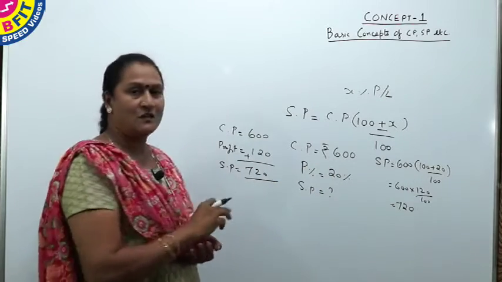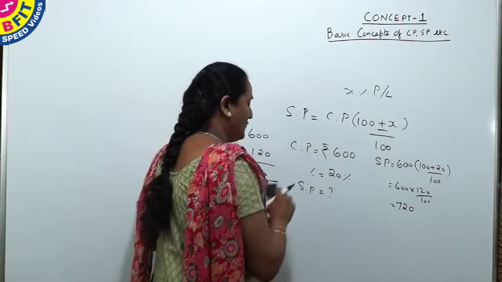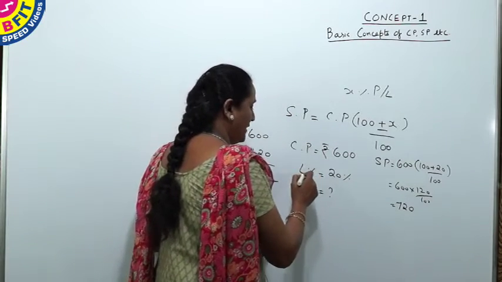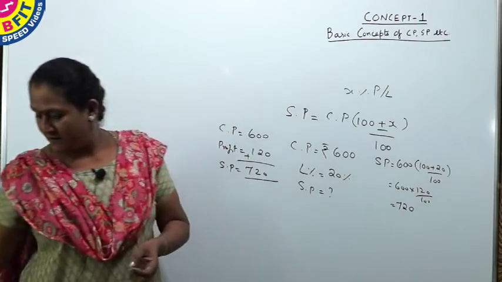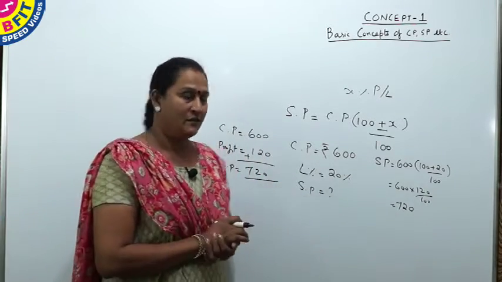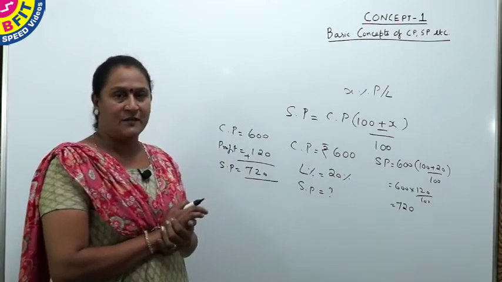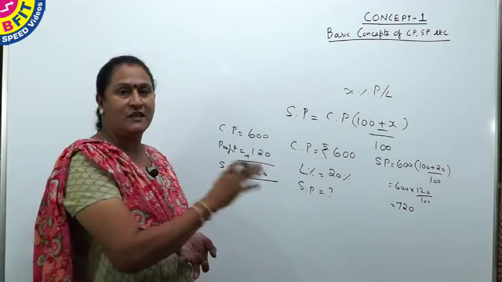Suppose this is the loss percent. Instead of profit, if they give it as the loss percent, then what will be the loss value? Profit was 20%, so 20% was 120 of 600. Now it is given as loss percent. Loss percent is also the same 120.